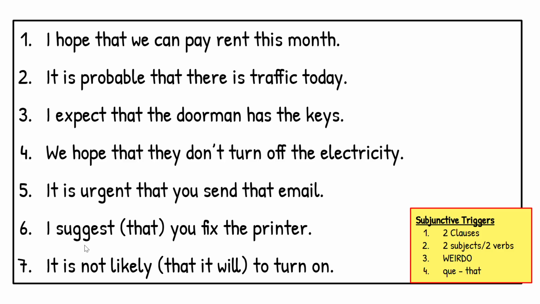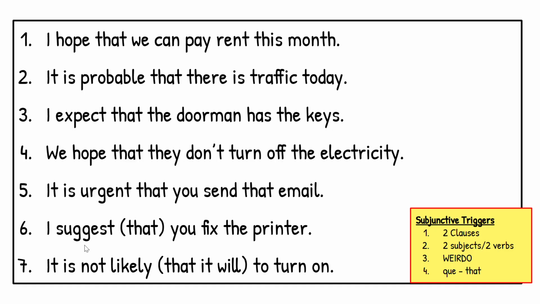I suggest that you fix the printer. It is not likely to turn on. Now notice in 6 and 7, the phraseology in English can be a little different. We don't have to carry the word that in English every time, but in Spanish you have to have the word that, which is que, in between.